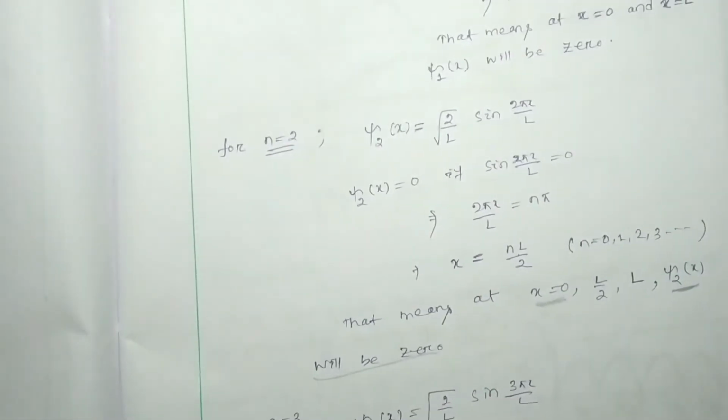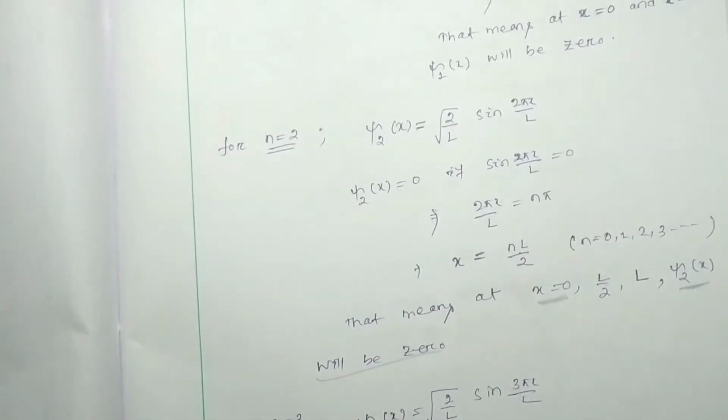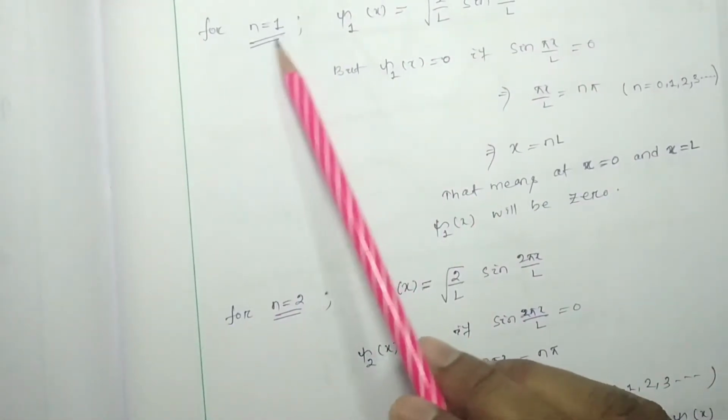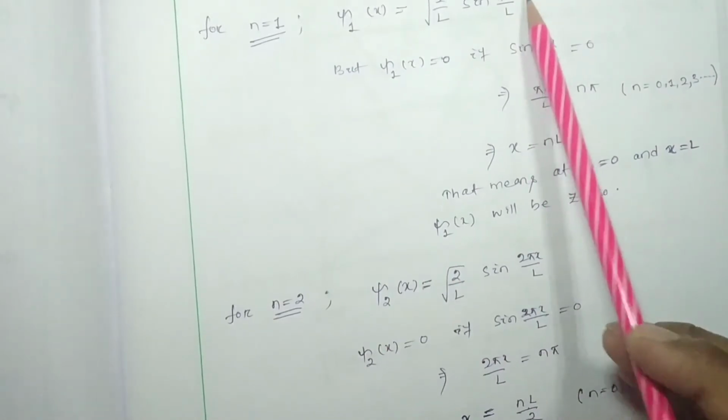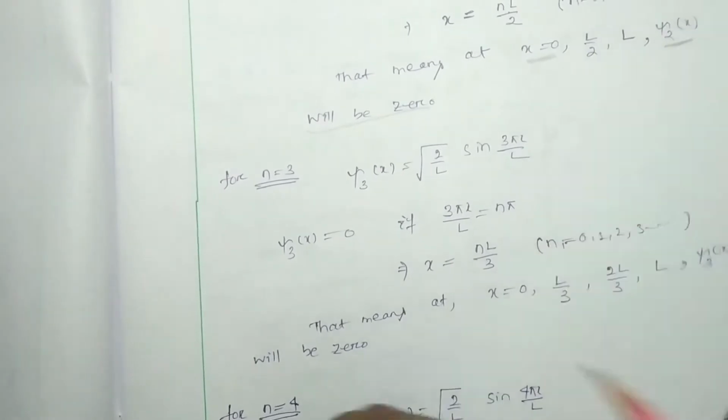You have to go through those two videos. We also discussed each and every energy state and its corresponding eigenfunction: this is the first state and its corresponding eigenfunction, the second state and its corresponding eigenfunction, like that we derived.